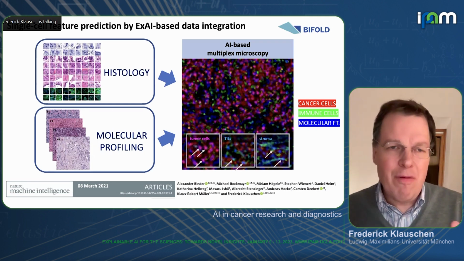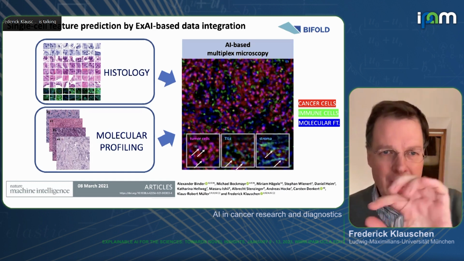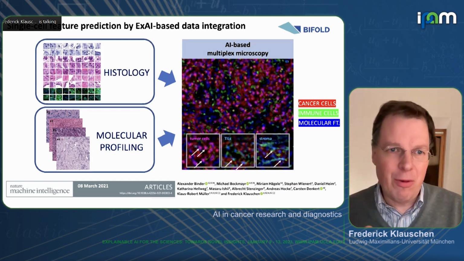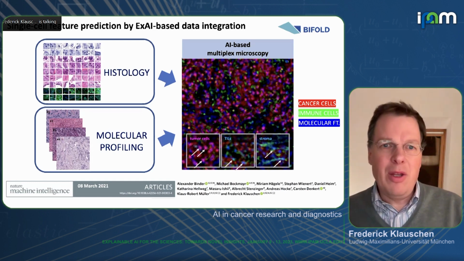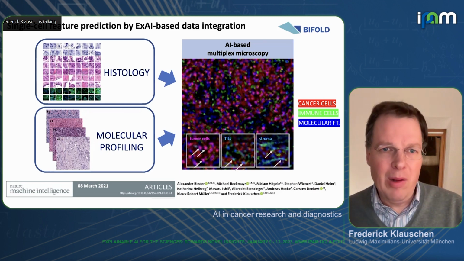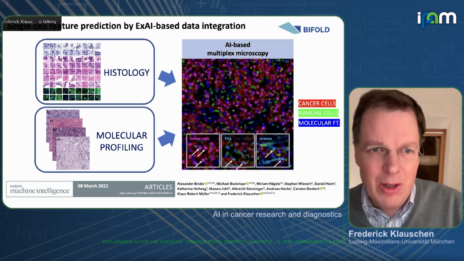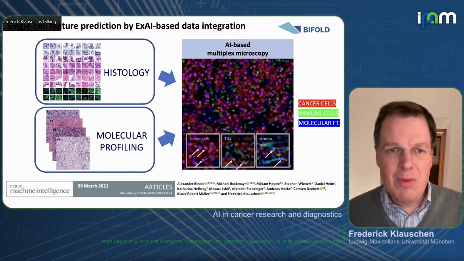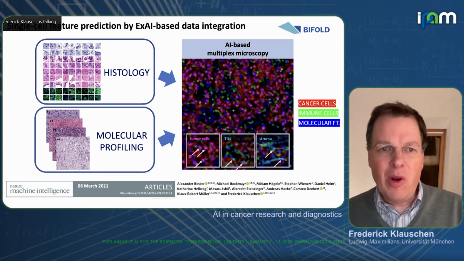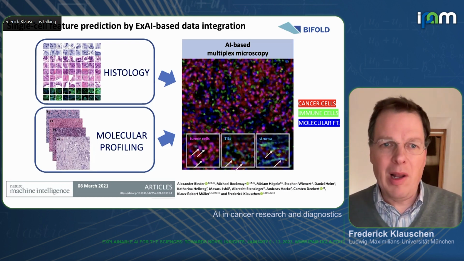So you get for each of the images, not with the spatial information, but just for one image, for one patient, a certain molecular profile. Molecular profile is important for getting information on how to further treat the patient. So it's really important, but at the same time very laborious and very costly to identify the molecular profile of a patient.